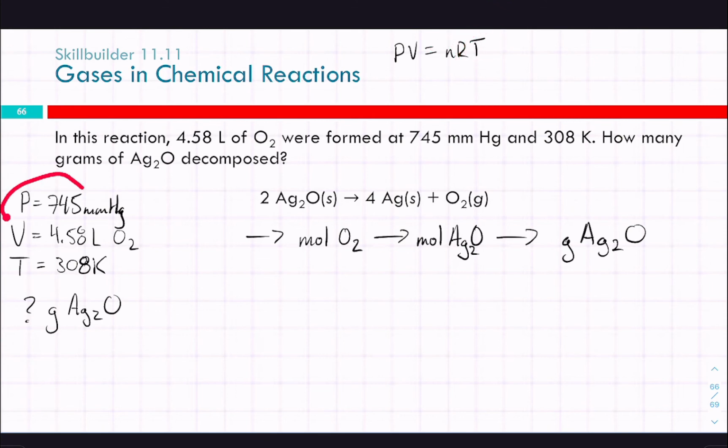We have pressure, volume, and temperature, and R is a constant, 0.0821 atmosphere liter per mole Kelvin. So you're right, we do need to convert this into atmospheres, divided by 760.